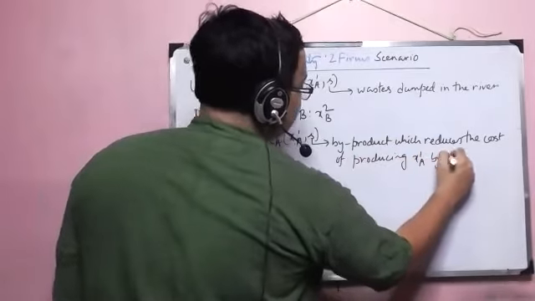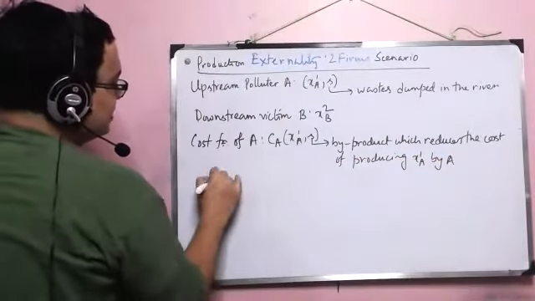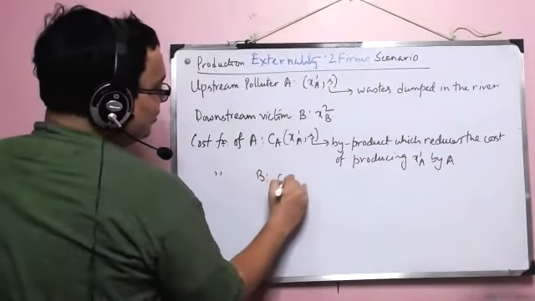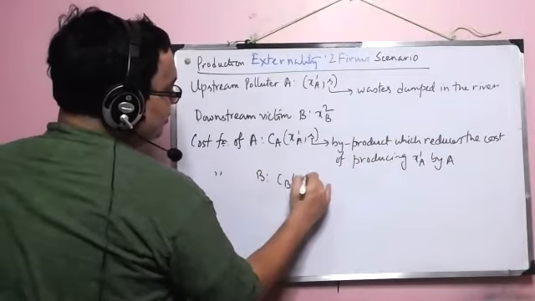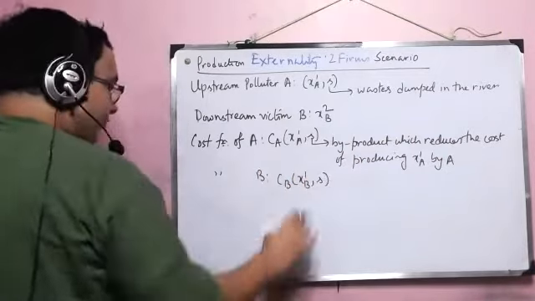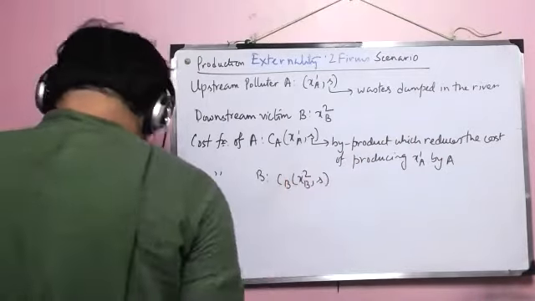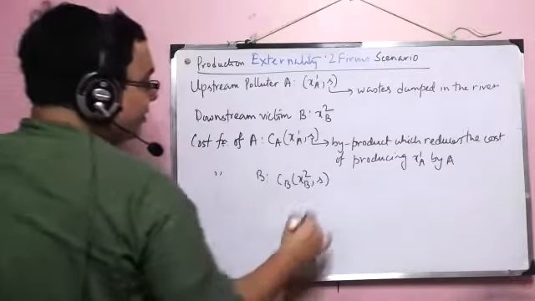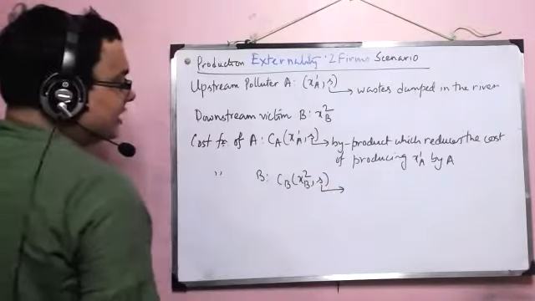Then there is the cost function of B, which also obviously will include S. Sorry, this will be 2: CB of XB2 comma S, where the role of S is exactly opposite.